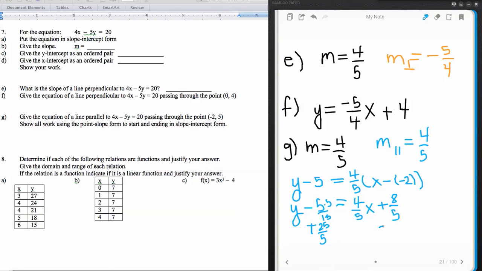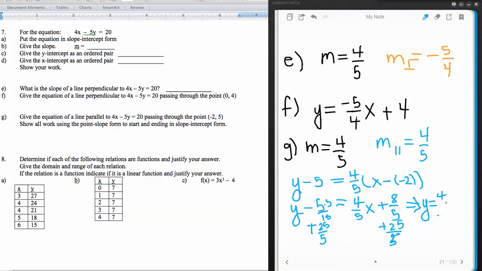So over here I'm going to be adding 25/5. And so now I see that I get to add both of those, and my answer, y, is equal to 25 plus 8, which is 33/5.